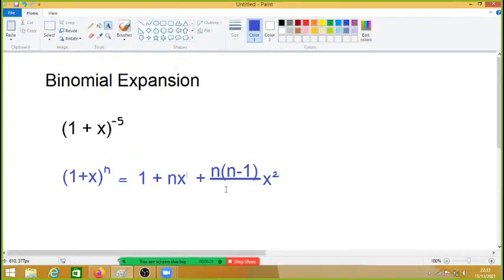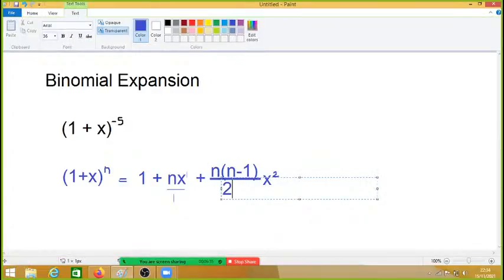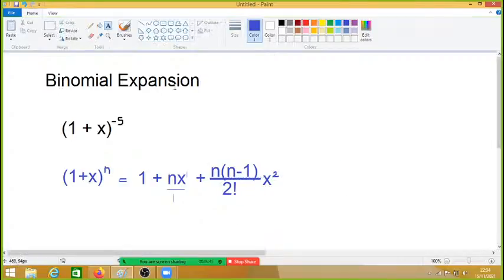And on the bottom of this, if you imagine there was an invisible 1, then you're not going to quite have 2, but you're going to have 2 factorial. 2 factorial just means 2 times by all the numbers below it, or in this case, just 1. So 2 factorial means 2 times 1.